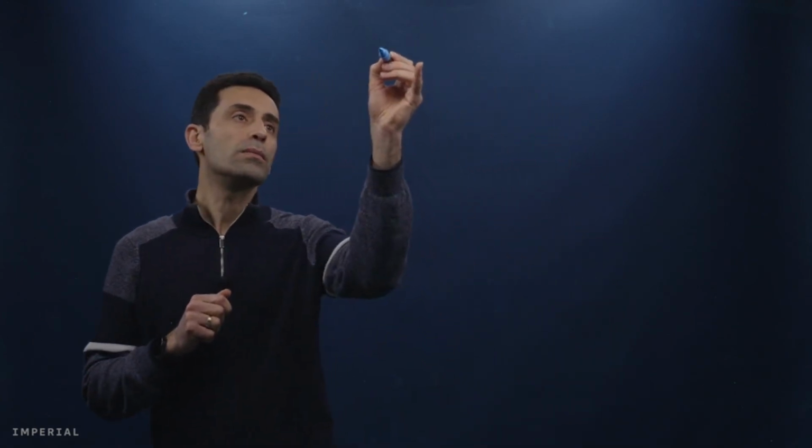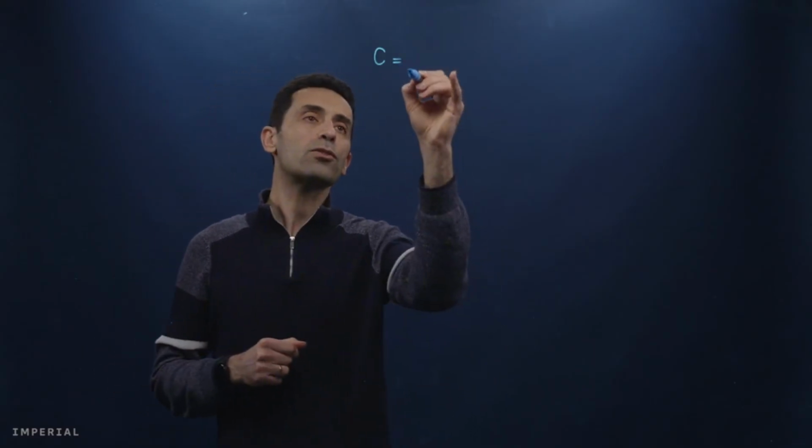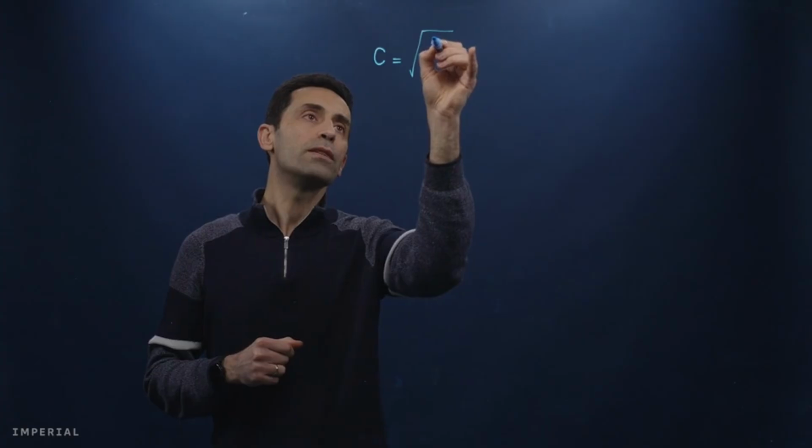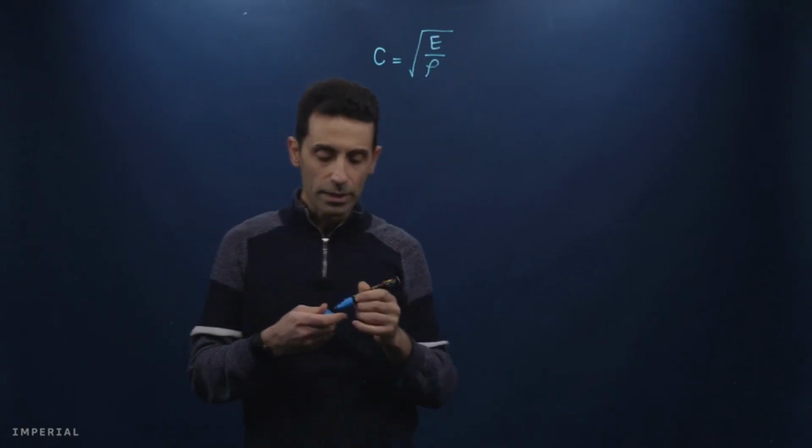So speed of sound in this nearly one-dimensional structure is the square root of elastic modulus divided by density of the material.